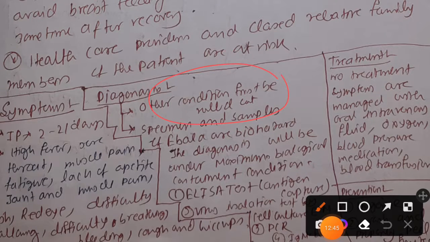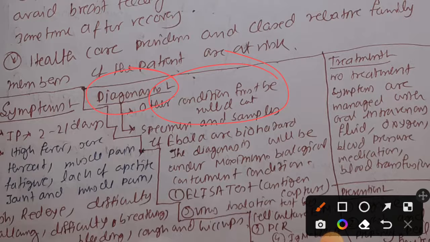For diagnosis, the first goal will be to rule out other conditions that share common symptoms. Then we will do ELISA, that can be capture ELISA, that can be our competitive ELISA. Here we are using capture antigen, and then we can also use IgM ELISA.